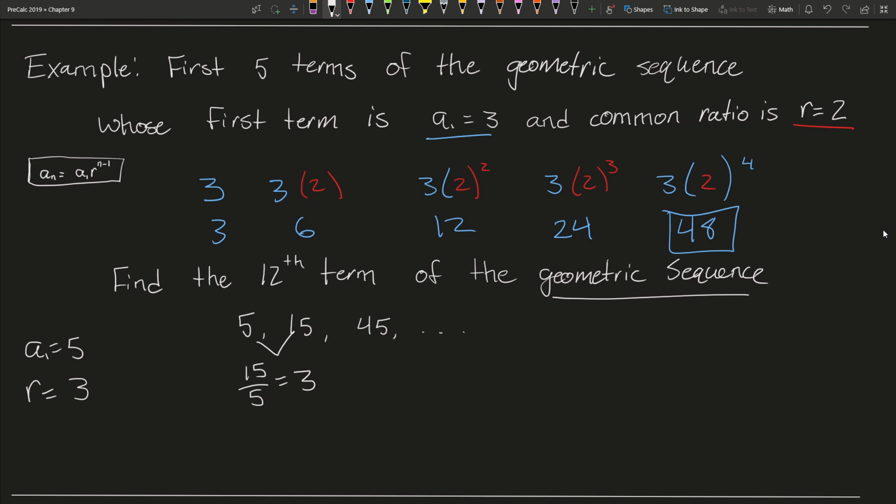And then we have everything we need to find any term in the sequence, given our equation up here. All right, so an, our nth term, and really we want to find the 12th term, is going to be equal to our first term times our common ratio to the power of the term we're trying to find minus 1.